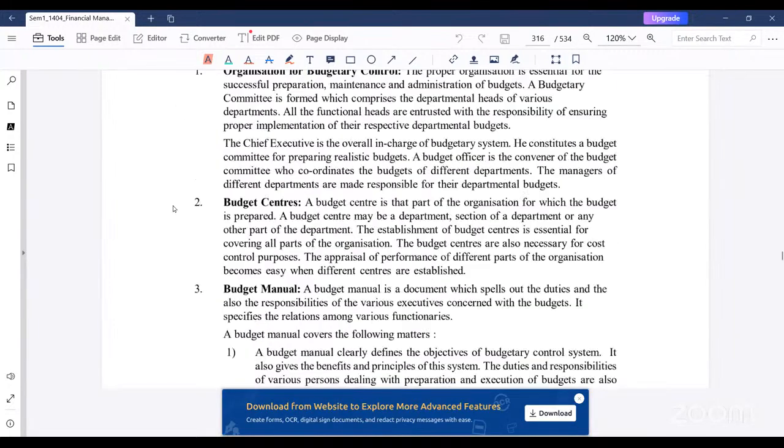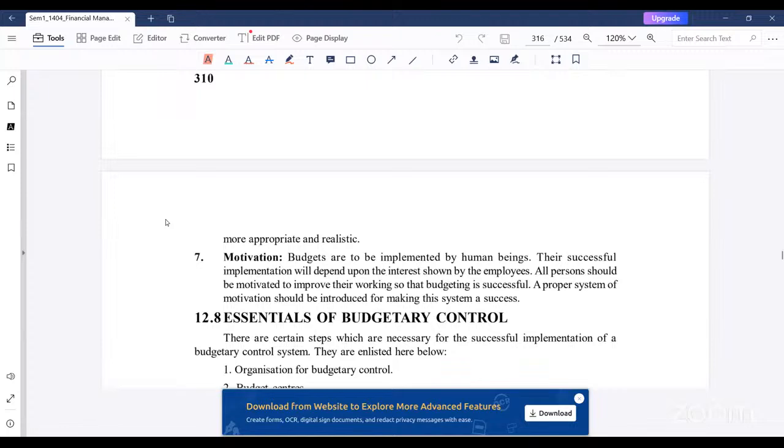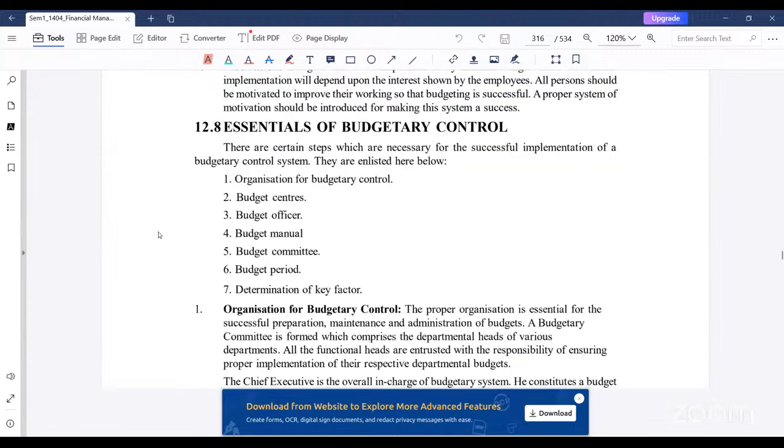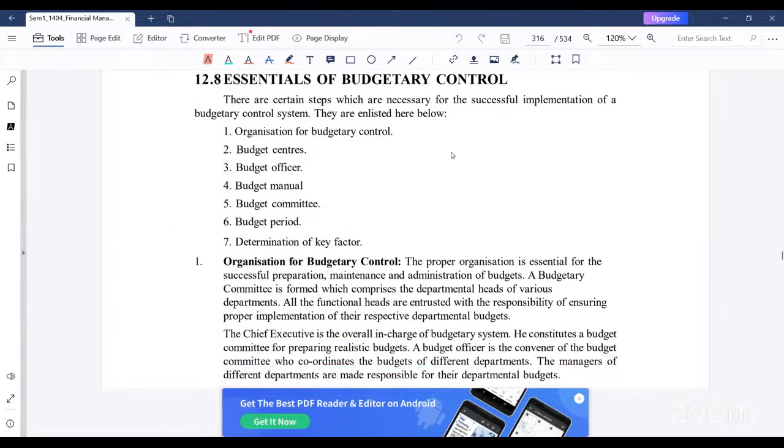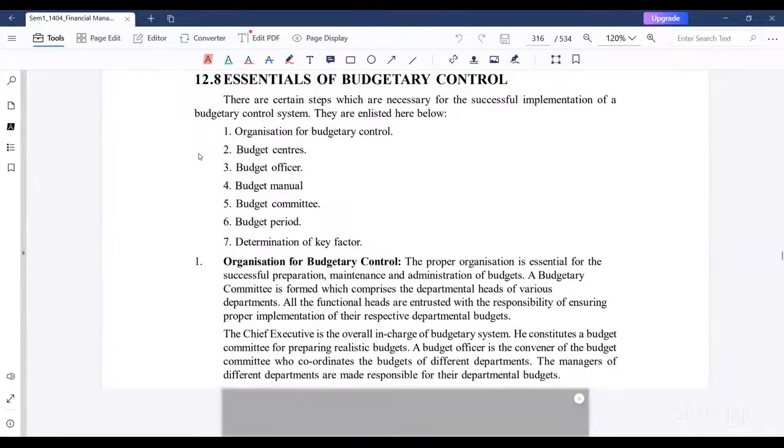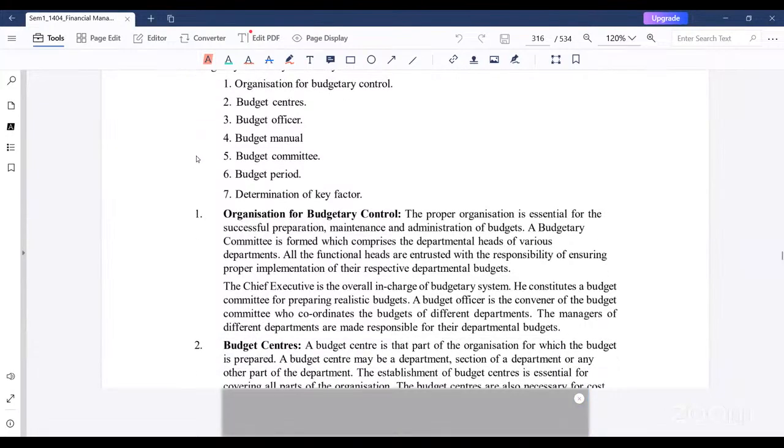So we have different budgets available at the organization level. There are certain steps which are necessary for the successful implementation of a budgetary control system: organization for budgetary control, budget centers, budget officer, budget manual, budget committee, budget period, and determination of the key factor.